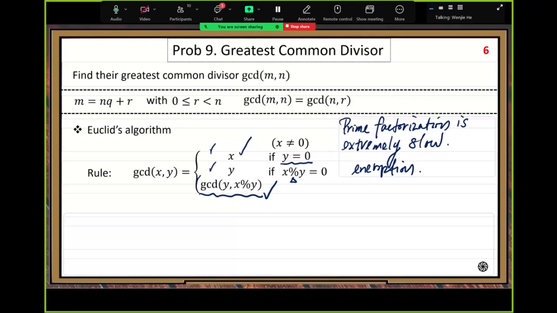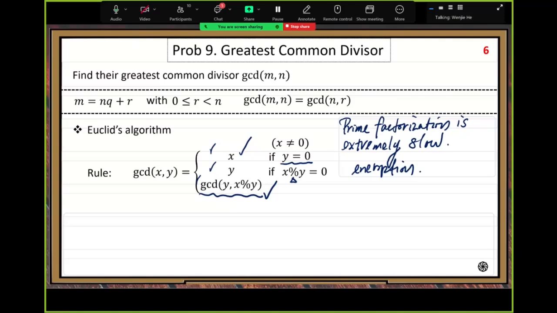But in order to protect our valuable information, we want to make the breaking time by the hackers as long as possible. Based on this idea, two mathematicians, as I remember at MIT, designed a very powerful encryption algorithm using this property, that prime factorization is very slow.